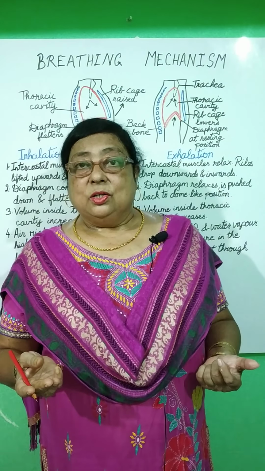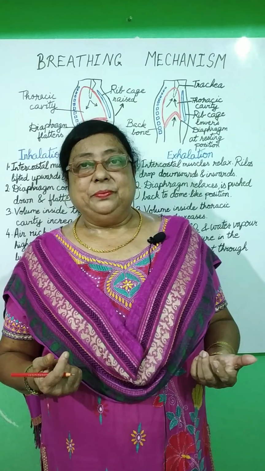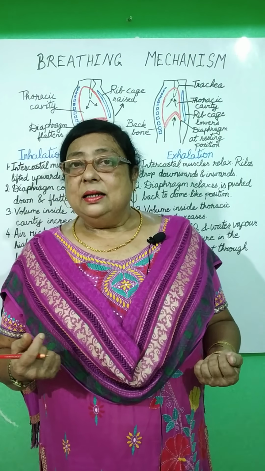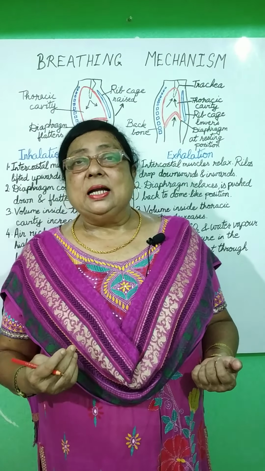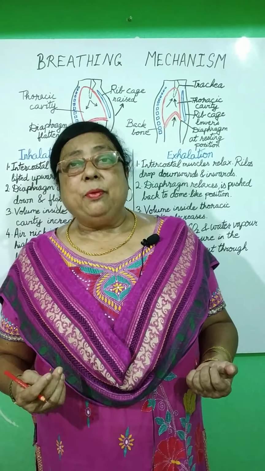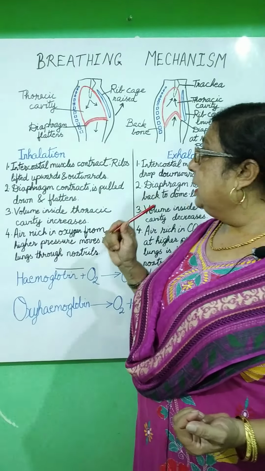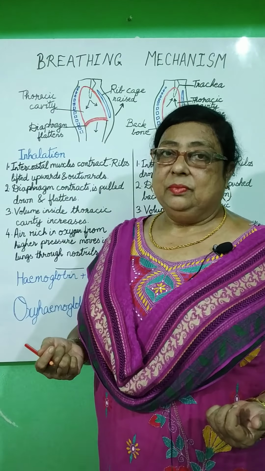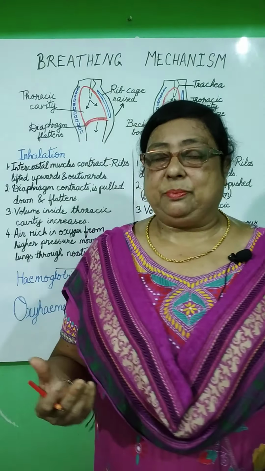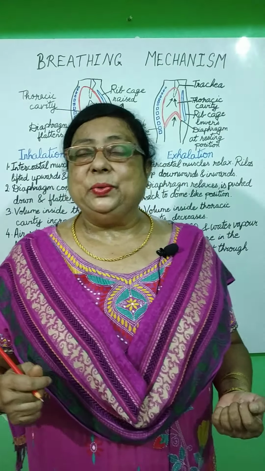This is called breathing. The air goes into our lungs with the help of the ribs and the diaphragm, the muscles in between the ribs and the diaphragm. How this mechanism takes place, I will tell you now.